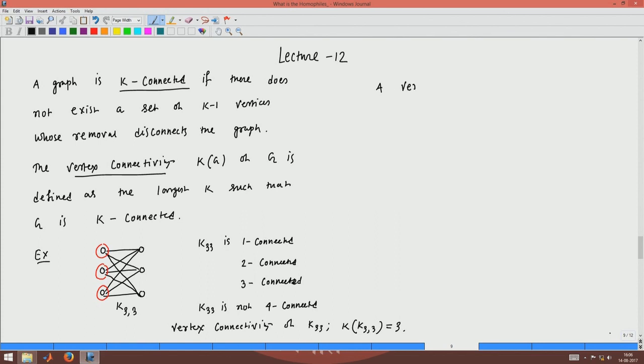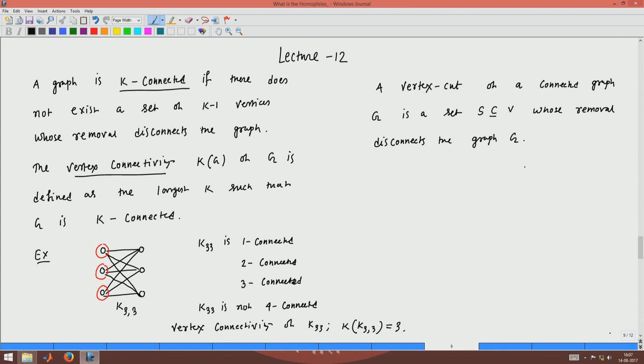A vertex cut of a connected graph G is a set of vertices S whose removal disconnects the graph G.